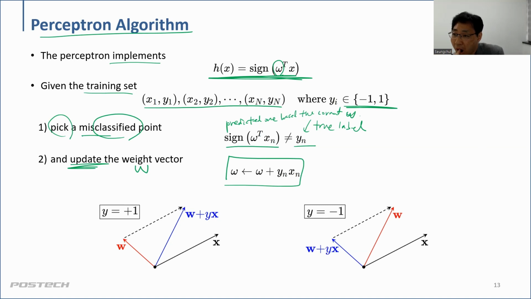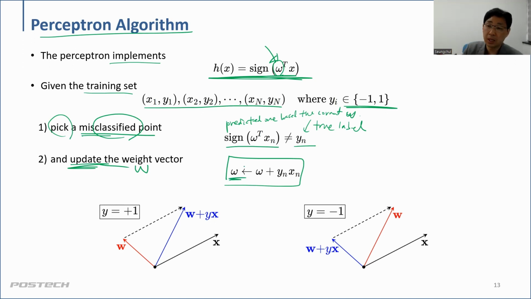I'm going to explain it in a minute, but that's the perceptron. Starting from any omega, we might have misclassified data points. For those misclassified data points, using that information, we update the omegas.